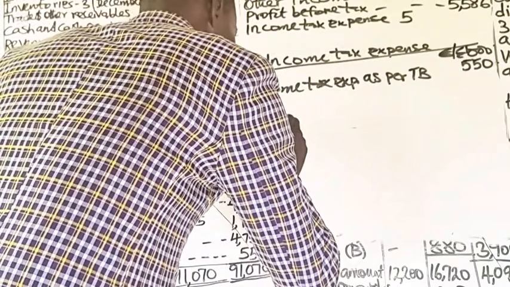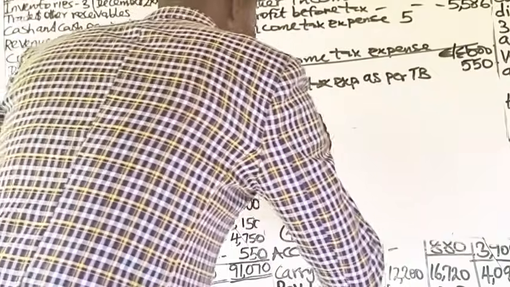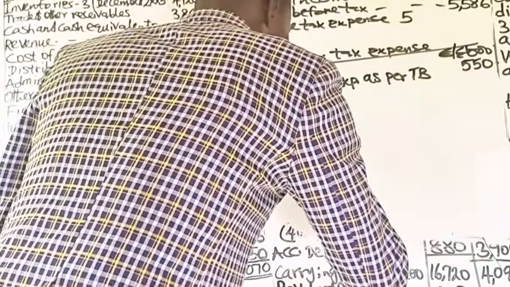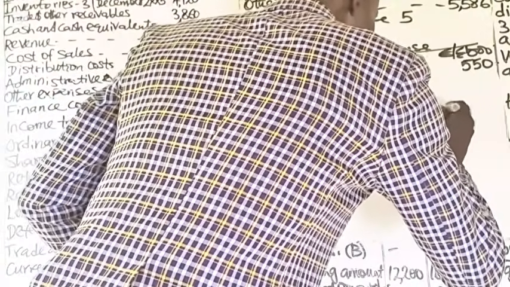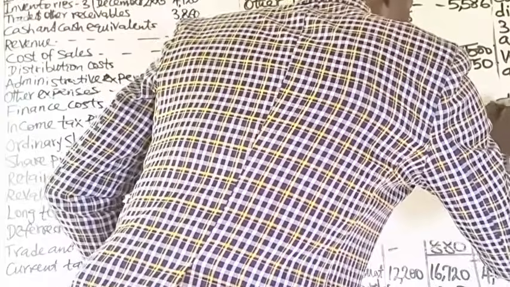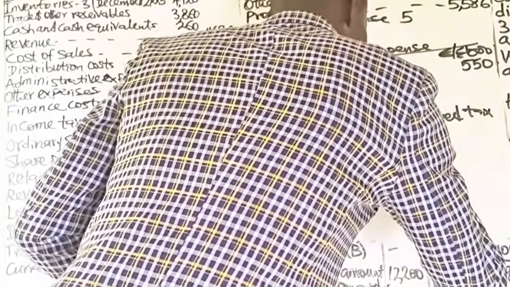Then let's have working number 5, movement in deferred tax liability.